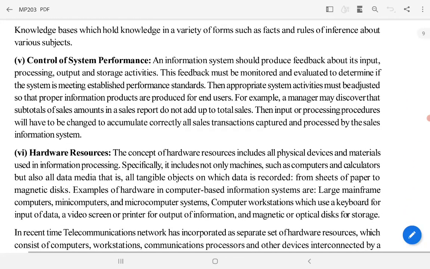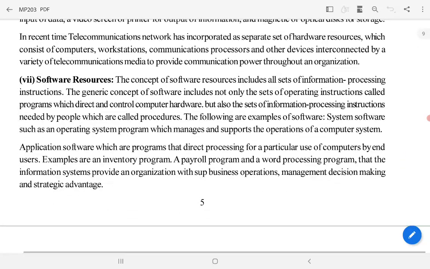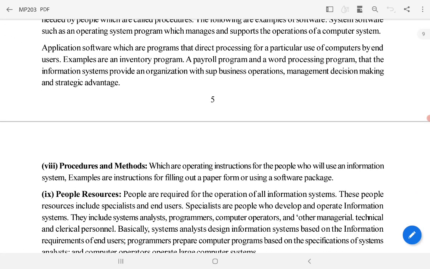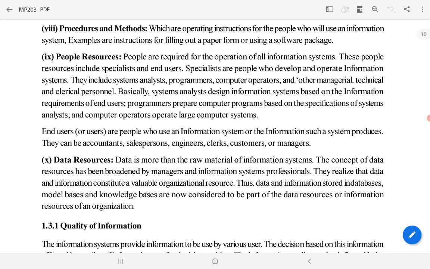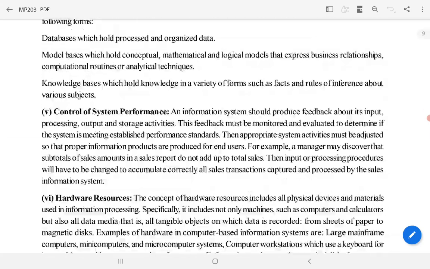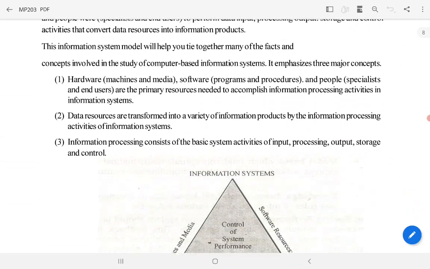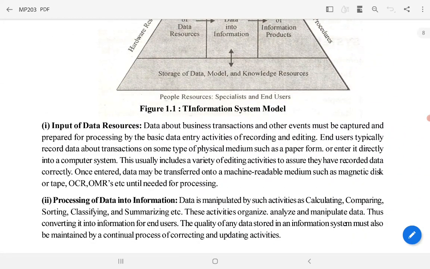Fifth is control of system performance, sixth is hardware resources, seventh is software resources, eighth is procedures and methods, ninth is people resources, and the tenth is data resources. These are the various components of the information system model, or the architecture of the information system.